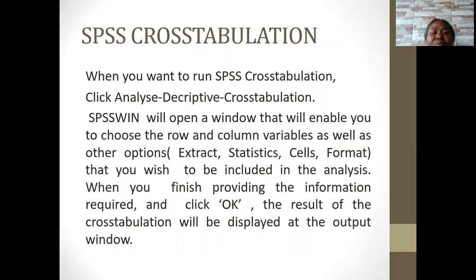SPSS will open a window that will enable you to choose the row and column variables as well as other options. It has statistics and cell format where you can choose the options you wish to be included in the result of the analysis. When you finish providing the information required, you just click OK. And the result of the cross-tabulation will be displayed in the output window.